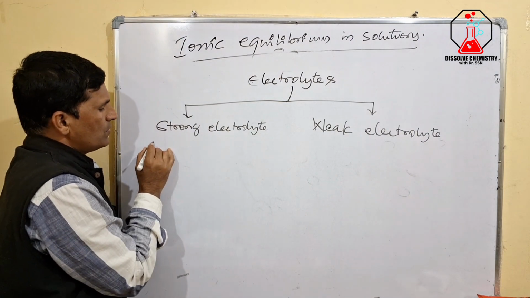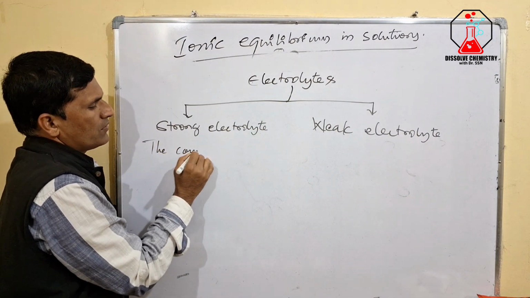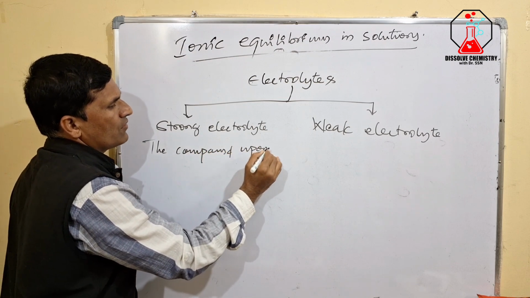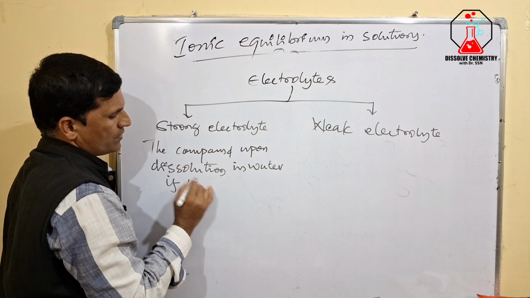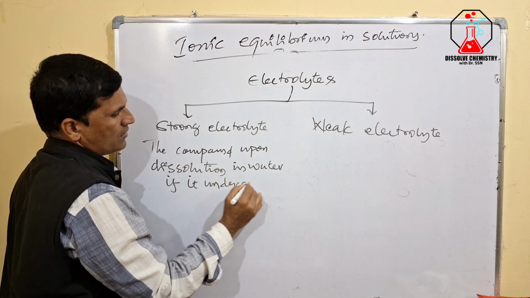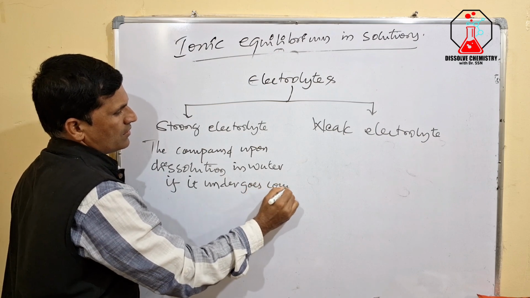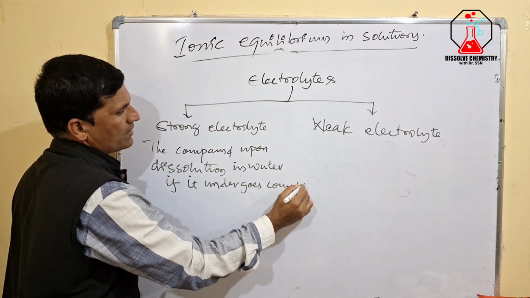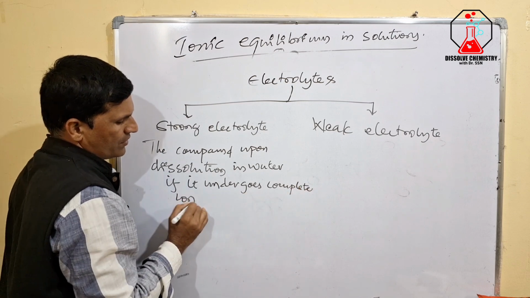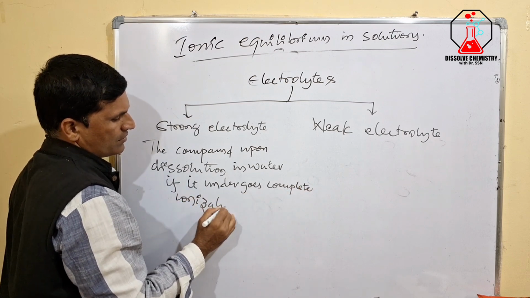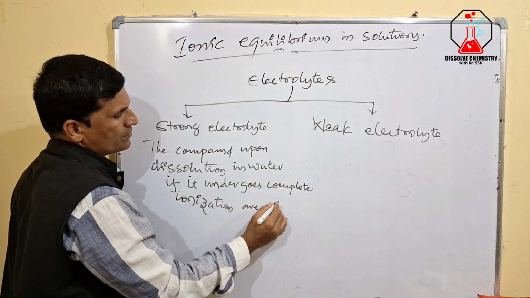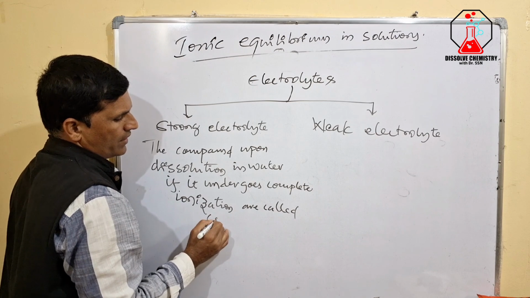So the compound which upon dissolution in water undergoes complete ionization or dissociation, we call complete ionization, are called strong electrolytes.